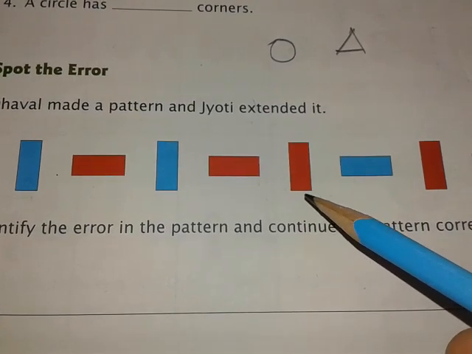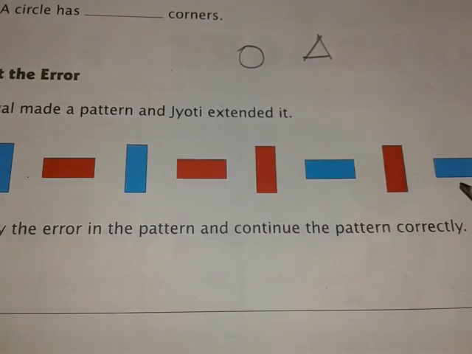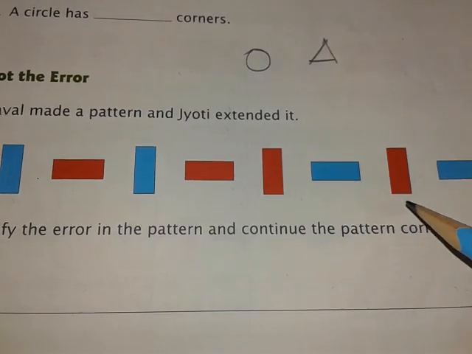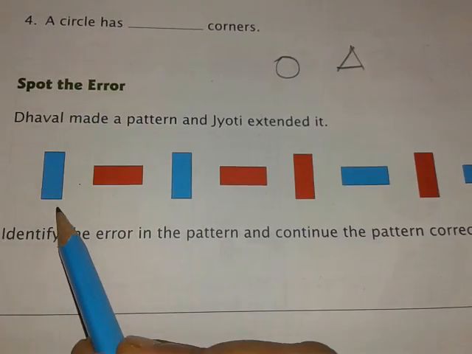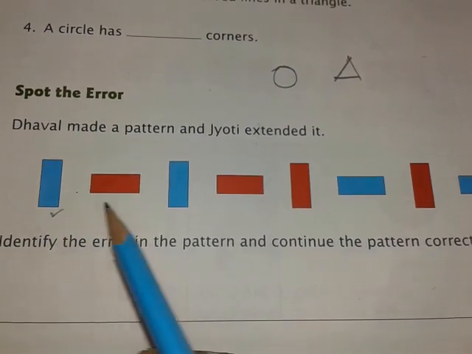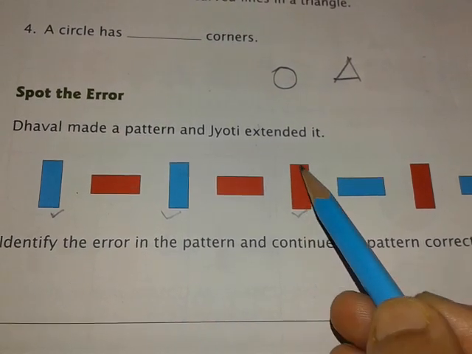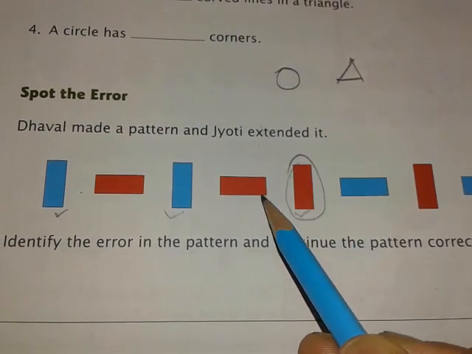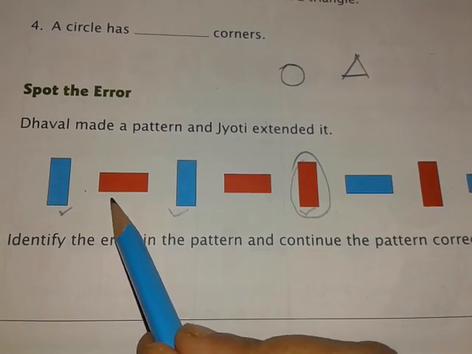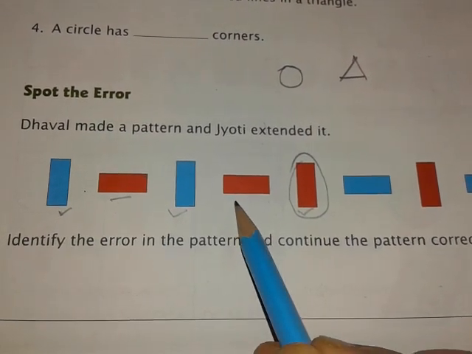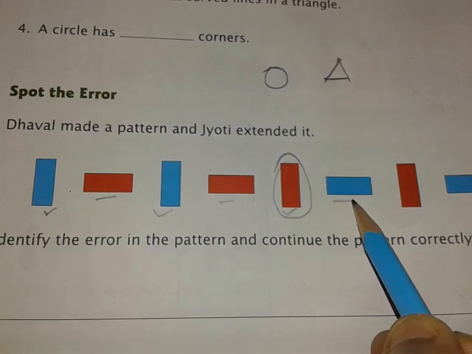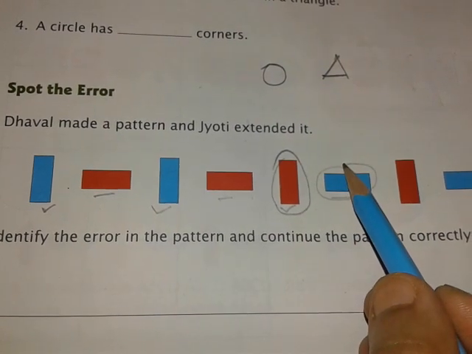She has drawn it like this, vertical, horizontal, vertical, horizontal, but she has made the mistake in coloring. You can see here, students, blue vertical, blue vertical. So this vertical should also have been blue, but she made it red. The sleeping rectangles, the horizontal rectangles that are red, she made blue. So this is the mistake she has done.